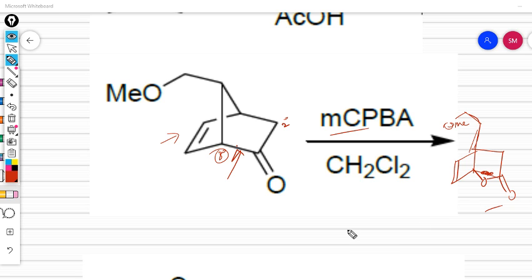So this is one product, and another product is from oxidation. So both are going to form.